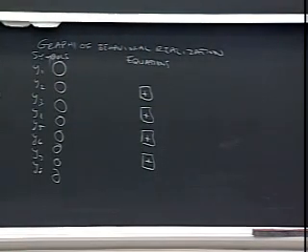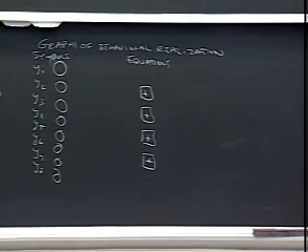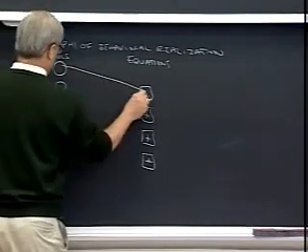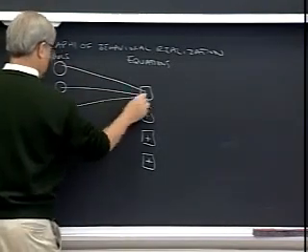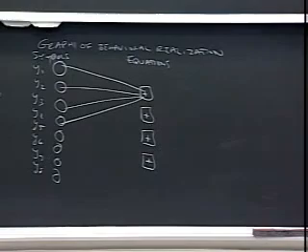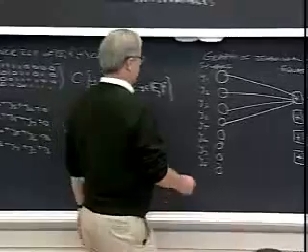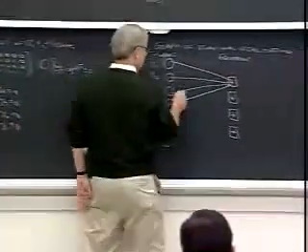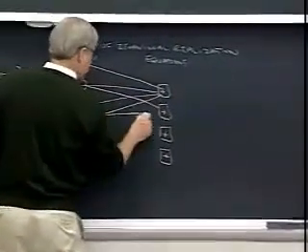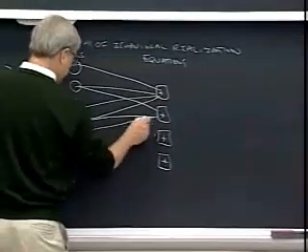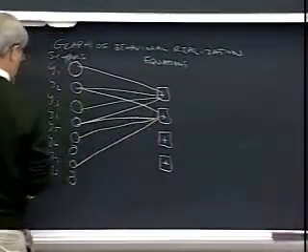Okay, and the first check is that y1 plus y2 plus y3 plus y4 equals 0. So I'll just draw that like this. Okay, that means the same thing as this. And the second one is y2 plus y4 plus y5 plus y7 equals 0.